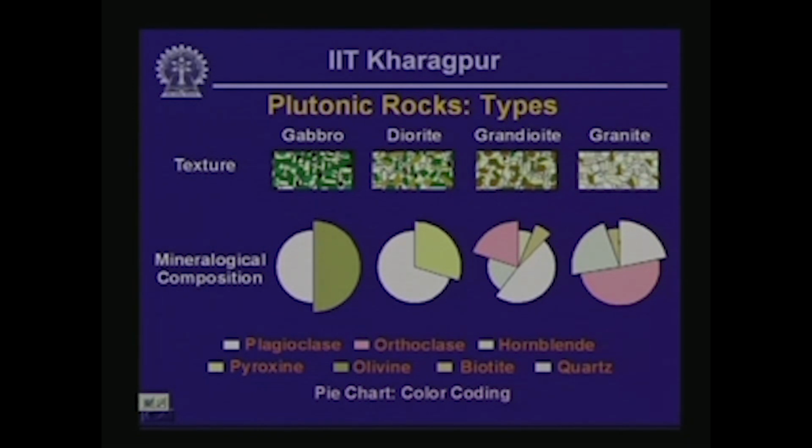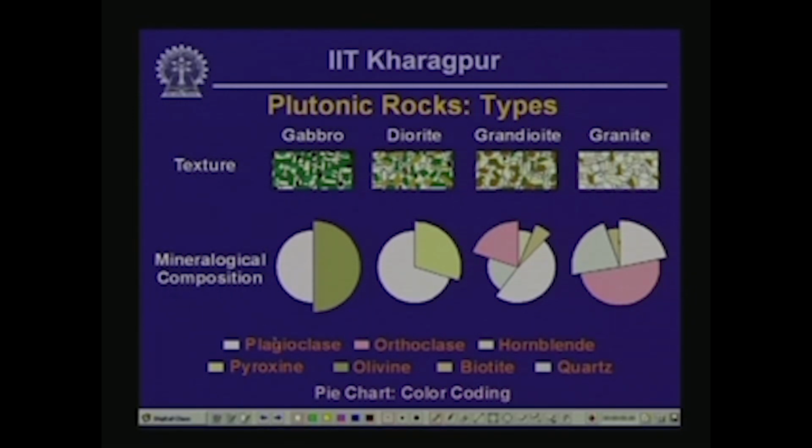You try to notice the difference from the previous slide for volcanic rock. Here we are looking, instead of the chemical composition, at the mineralogical composition of the rock mass.